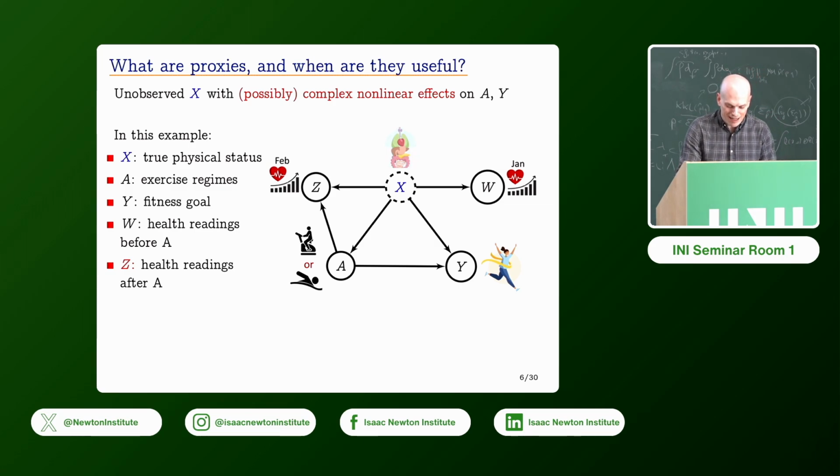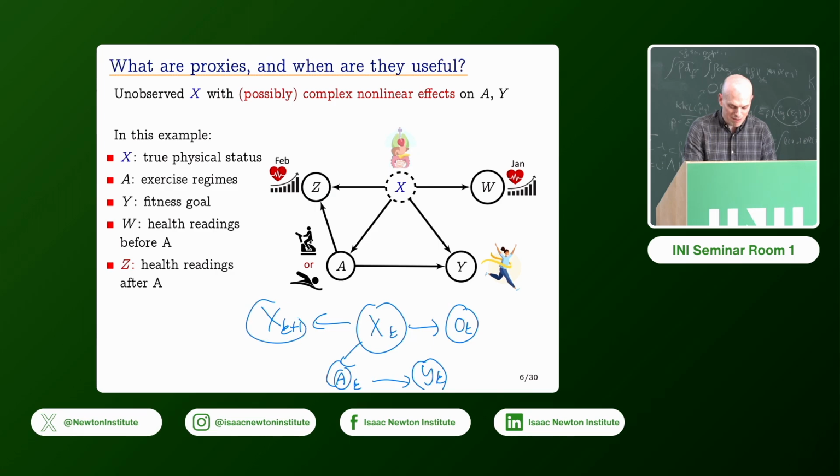For those who are familiar with POMDPs, it's actually somewhat in the line of POMDPs. So if I've got a hidden state X at time t, and then I make an observation at time t, and then I take an action at time t, and I get a reward, which is going to be Y at time t, then following this action, I'm also going to get a transition to X at t plus 1, which is my hidden state, and that's going to have an observation at t plus 1.